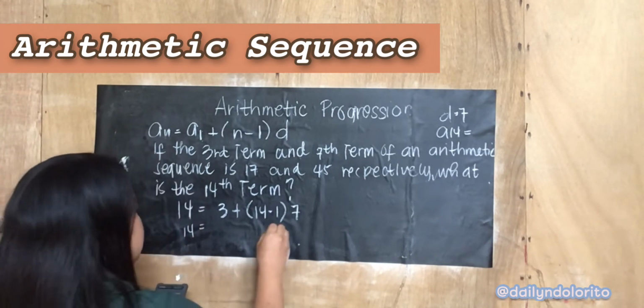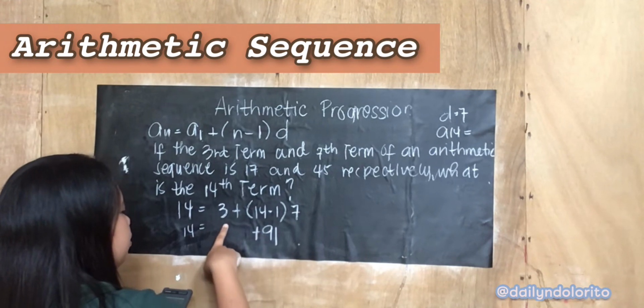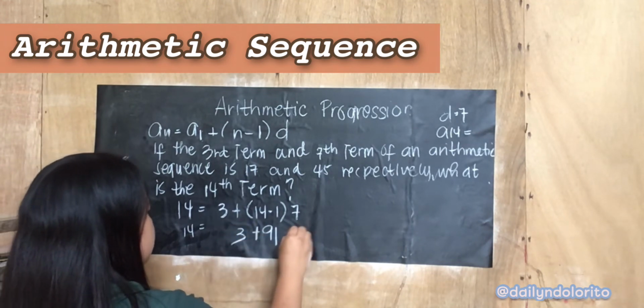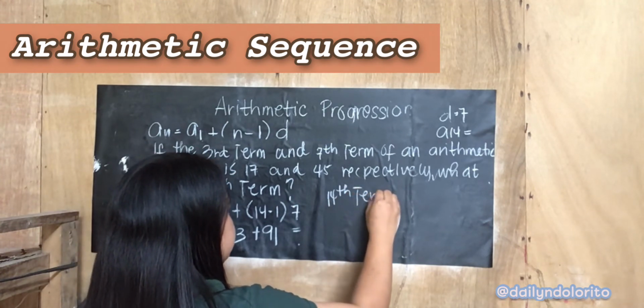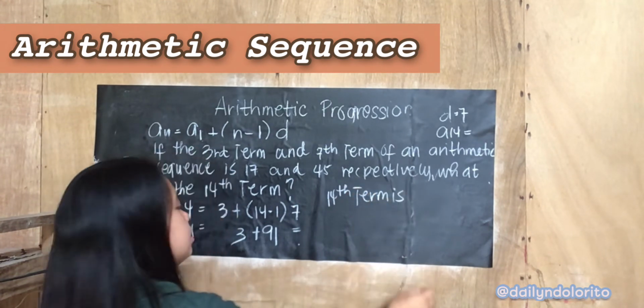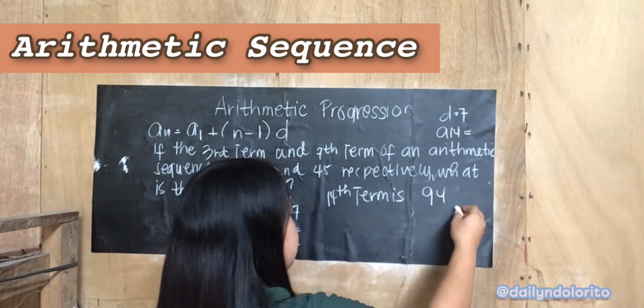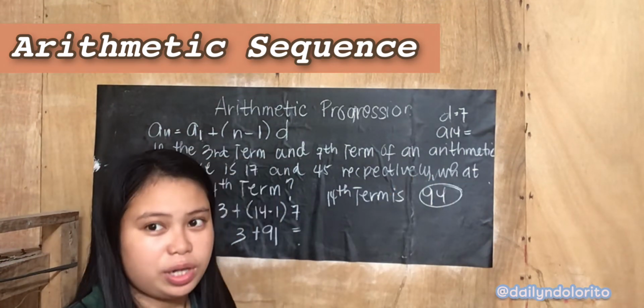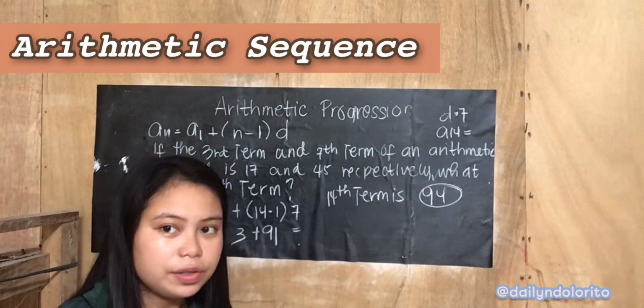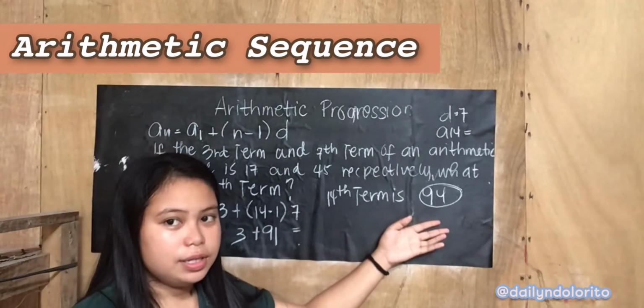We have 91. Let's not forget the 3. So our 14th term is 94.